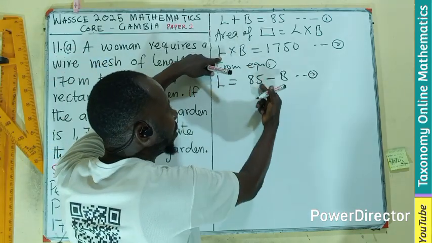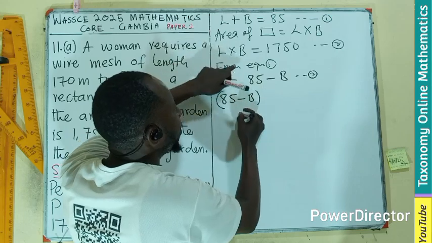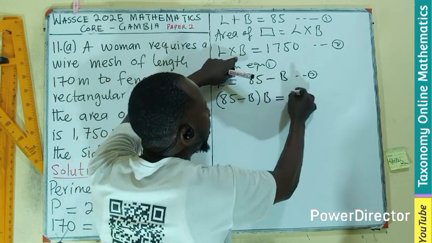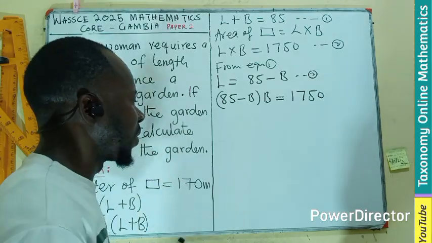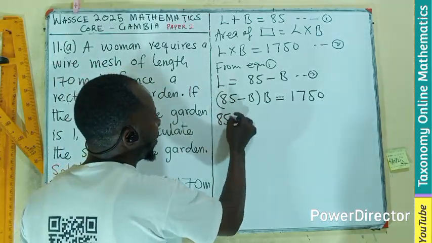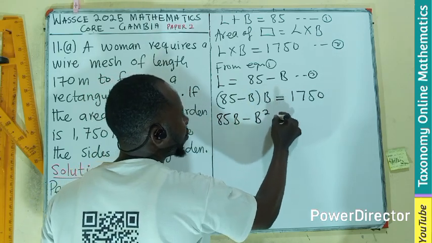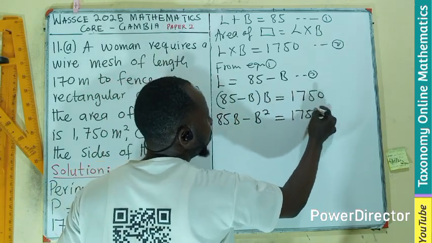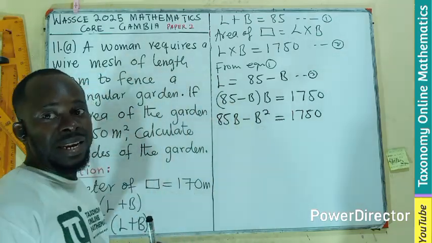In place of L, I'll have 85 minus B multiplying B equals 1,750. We can expand here: 85 times B minus B times B, which is B squared, equals 1,750.